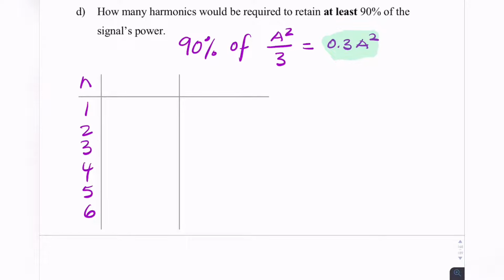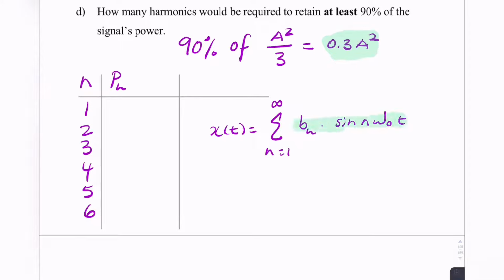So what we want is Pn, which is the power of the nth harmonic. So let's just remind ourselves, x of t is a summation from n equals 1 to infinity of Bn times sine n omega naught t.